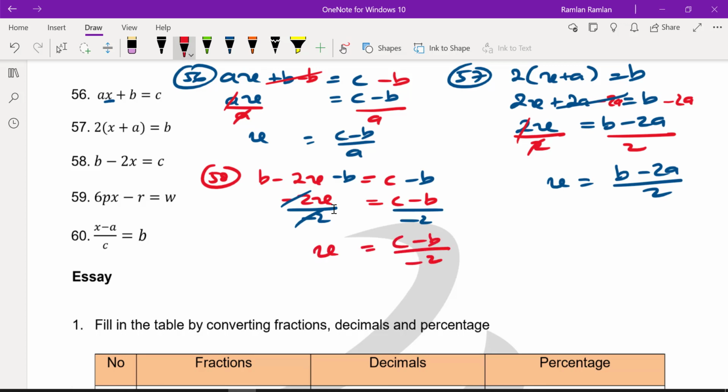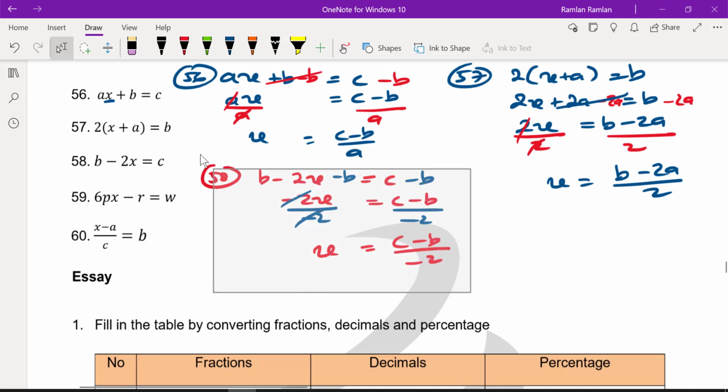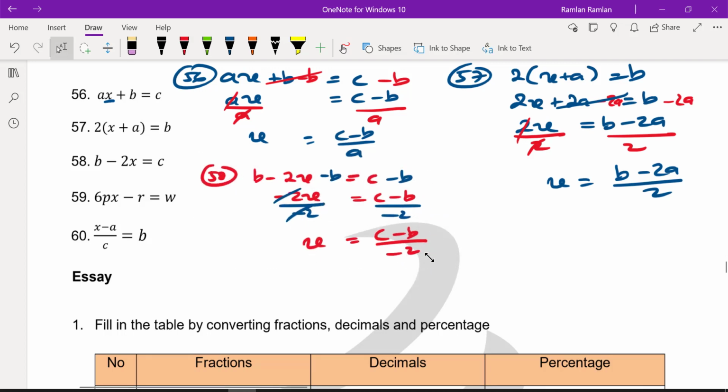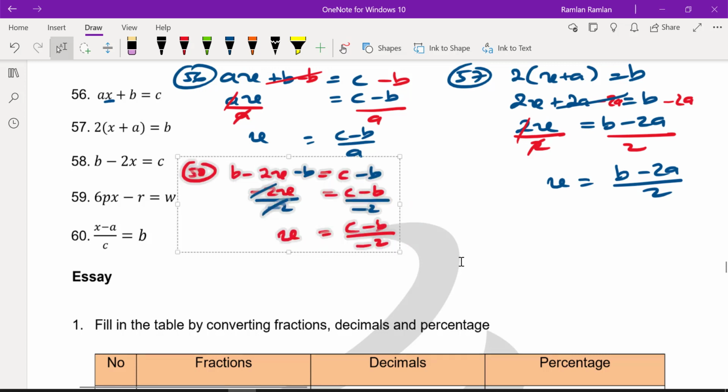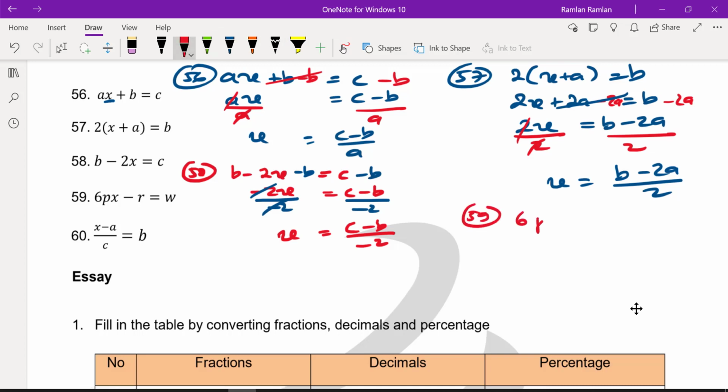Next, number 59. I'm going to make this a little bit smaller, guys. I need some more space here. Number 59: 6px minus r equals w. First things first, get rid of the r by adding r to both sides.